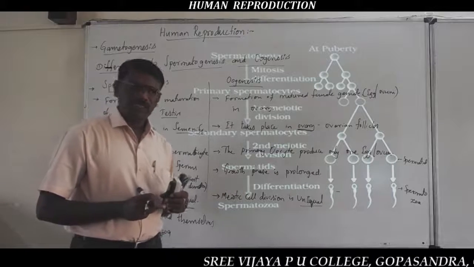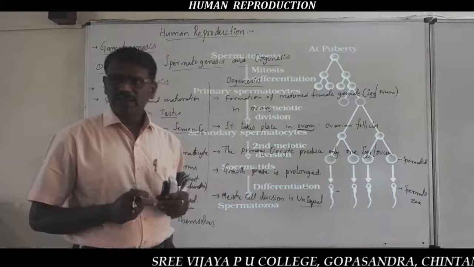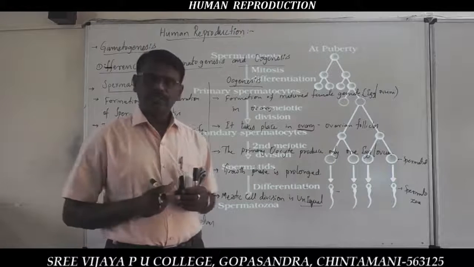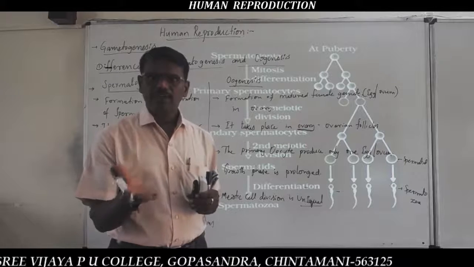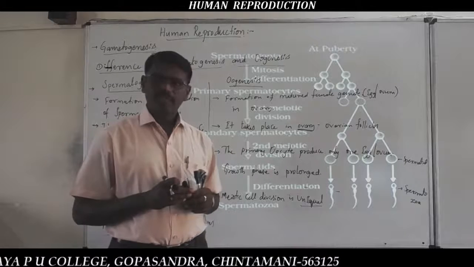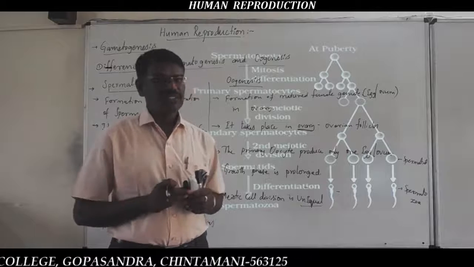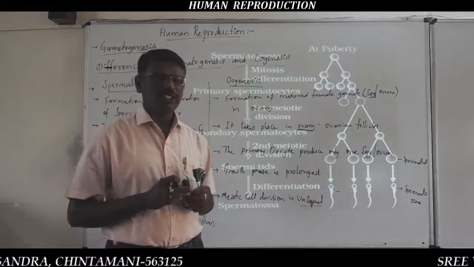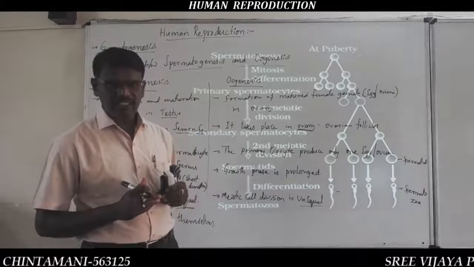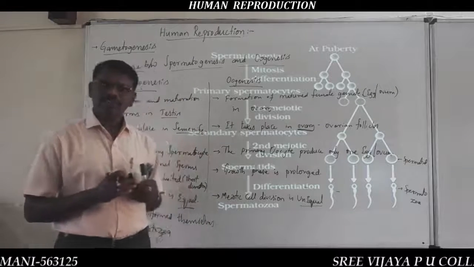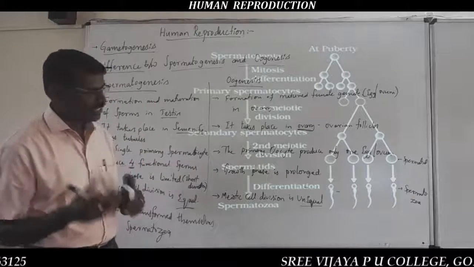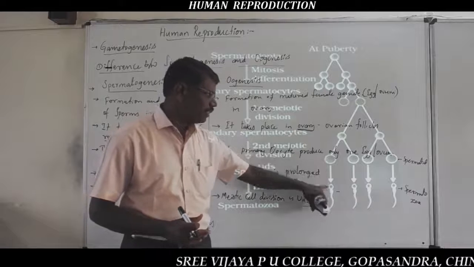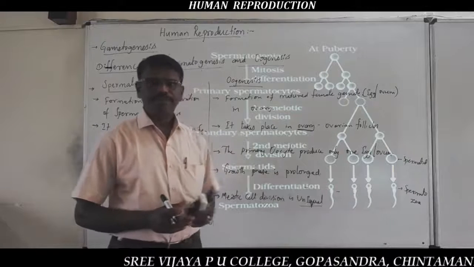The Sertoli cells have two functions: they are nutritive cells, which nourish the developing sperms, and when activated by the gonadotrophins, they secrete certain factors, certain chemicals, which are required for the transformation of spermatids into spermatozoa.